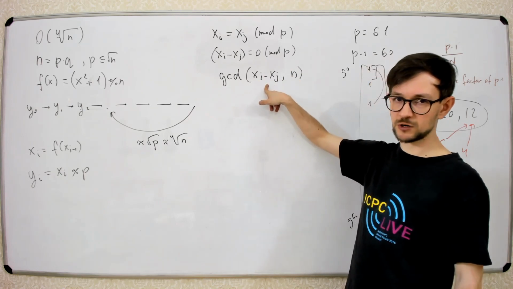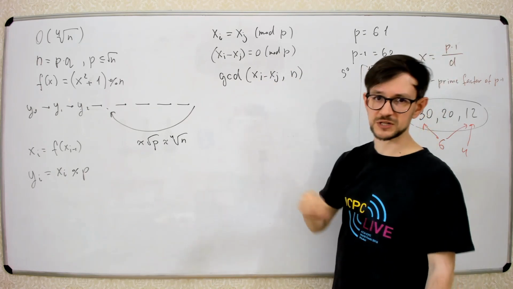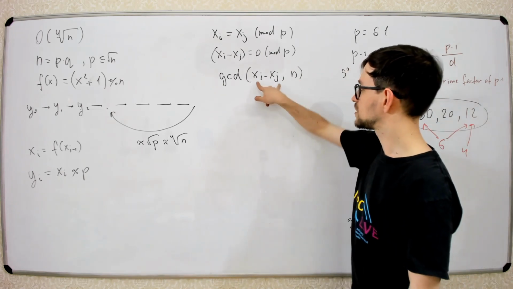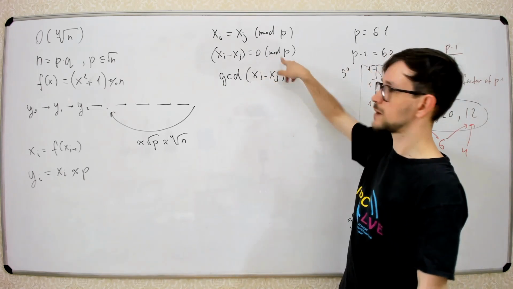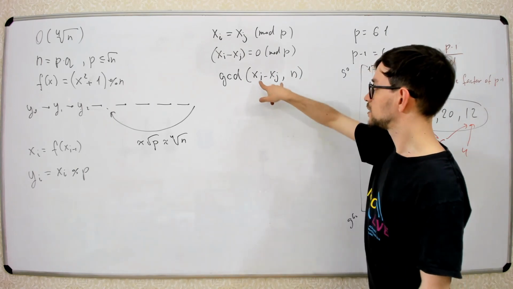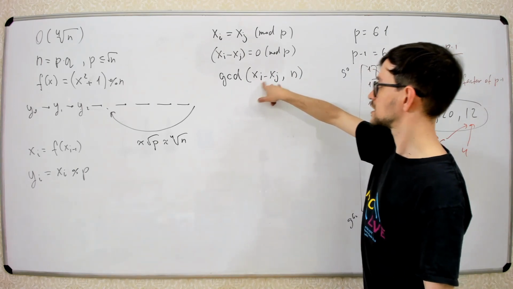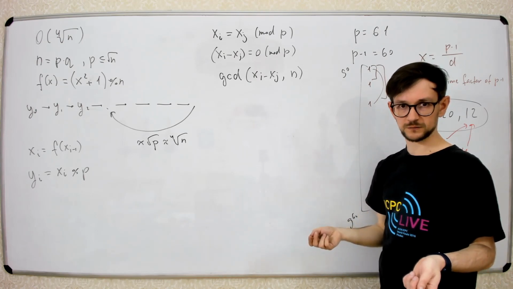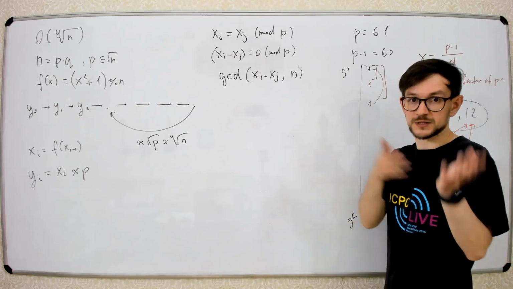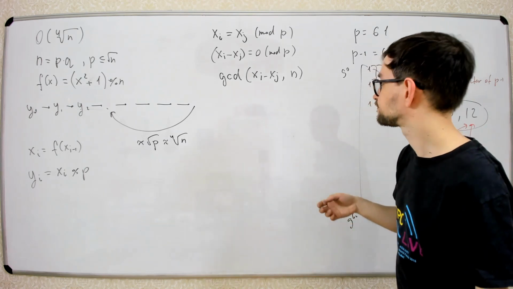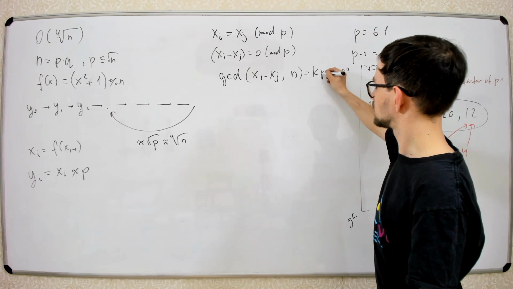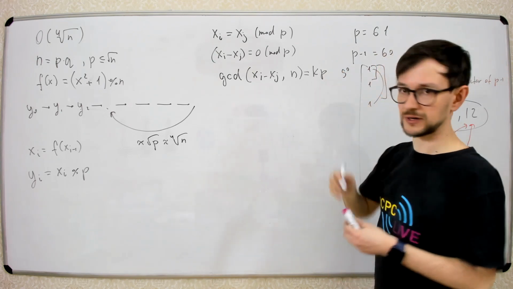If this difference is 0, then you failed, and you just start all over again. If the difference is not 0 and is divisible by this p, then you can calculate the GCD of this number and n. It will give you some divisor of n. Not p maybe, but some divisor of n. It will be something like kp.